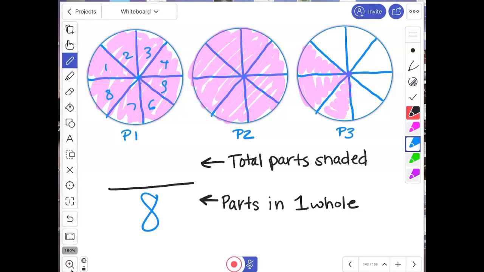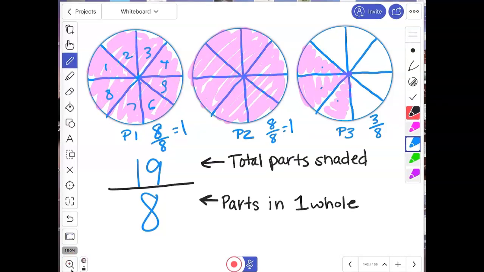Now, how many parts are shaded? How much pizza did we eat? Well, we ate 8 from this one. We ate 8/8 of that pizza because that's one whole pizza. We ate 8/8 of this one because that's another whole pizza. And we ate 1, 2, 3. 3/8 of this pizza. So in all, we ate 8, 16, 19/8 of the pizzas.